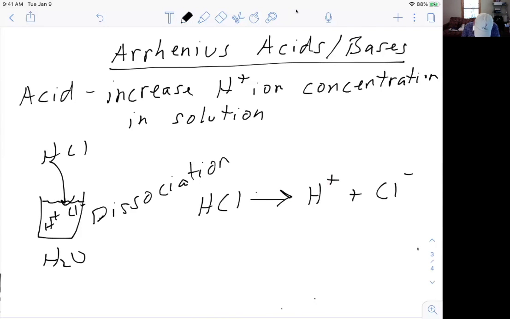So we have some water molecules that are around. And guess what? The water is so stable that it will accept this hydrogen and it's going to make a brand new molecule.